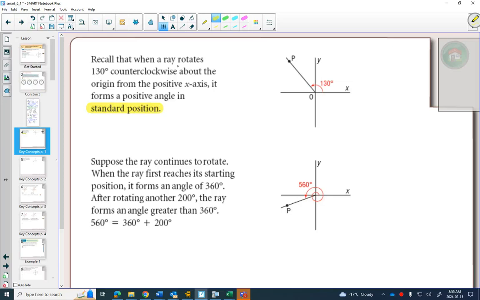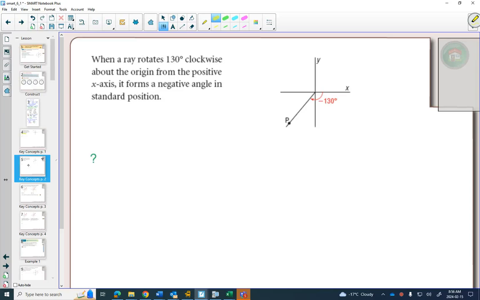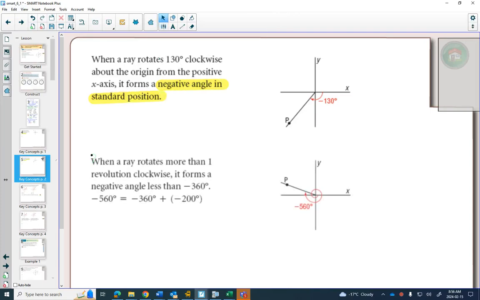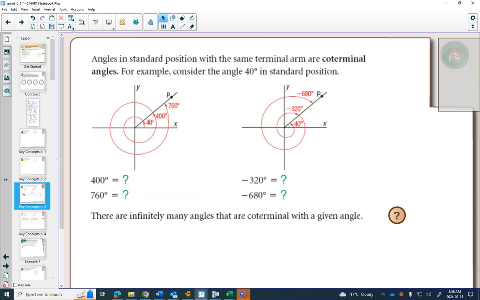We can talk about standard position. We had a positive angle in standard position. We have a negative angle in standard position. And the definition of coterminal is in our notes as well.